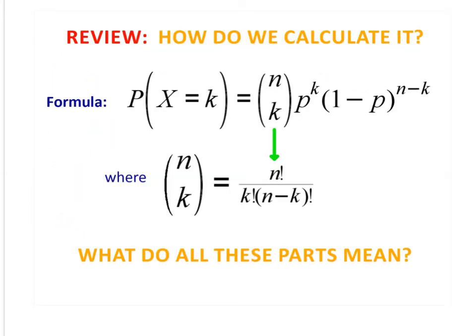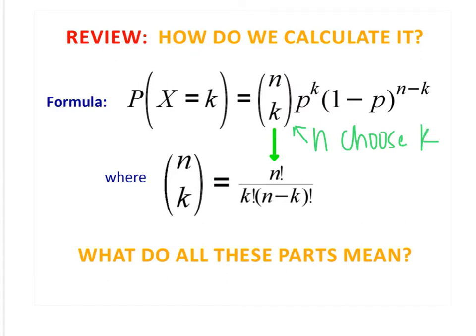Another thing we talked about was this giant formula. We said how we calculate binomial random variables is by using this massive formula. We broke down the formula and we said that this piece right here, we read as n choose k.